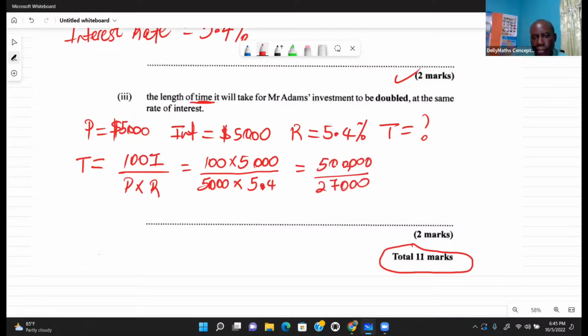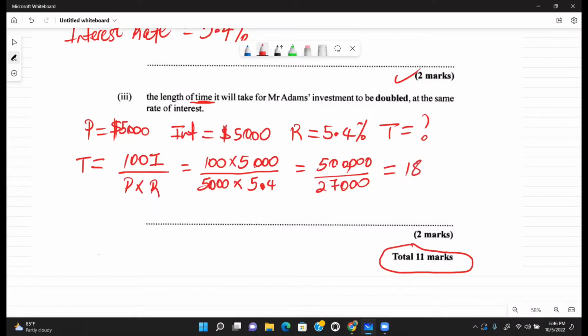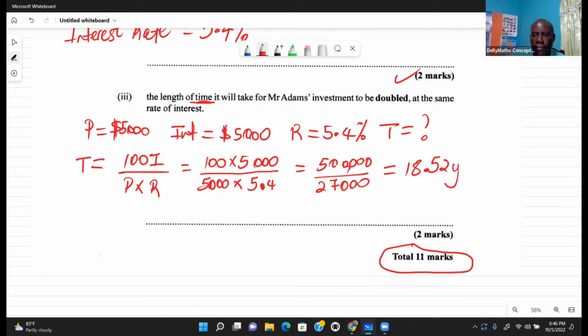We have 500,000 right there. We want to divide that by 27,000. 18.52. All right, very good. 18.52 years. Very good move.